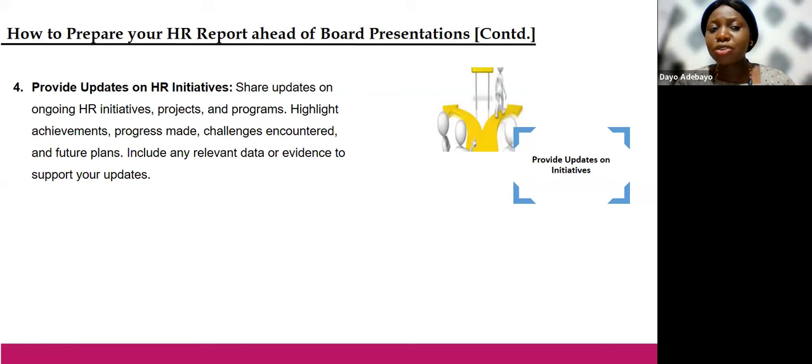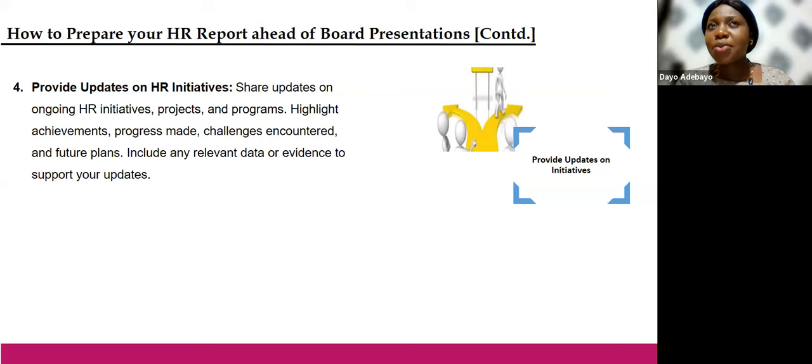Also, it's very important that you highlight your achievements. You need to highlight how whatever you have done has impacted the business. They want to see the flow, and that talks about the transparency and accountability mentioned earlier. They want to see how you have actually impacted the system as an HR person.